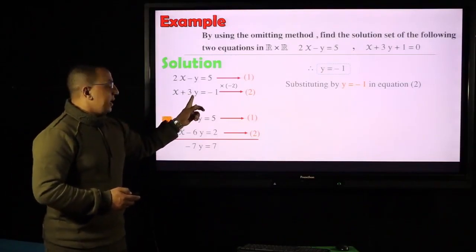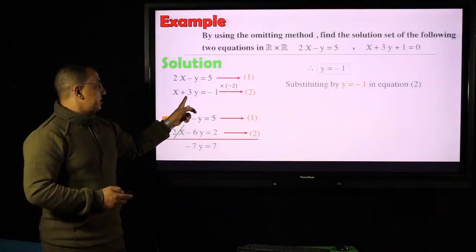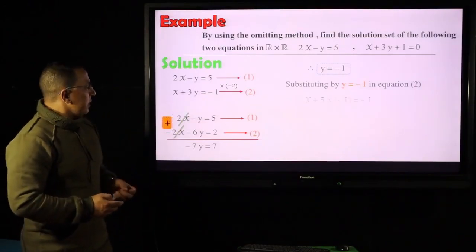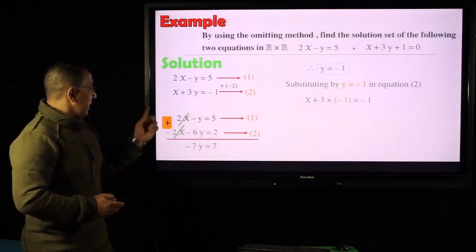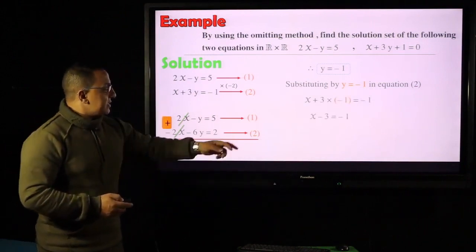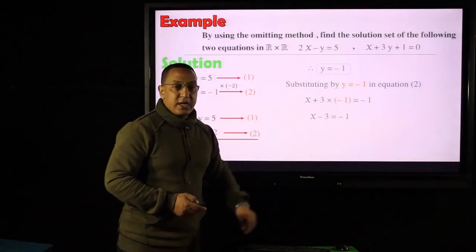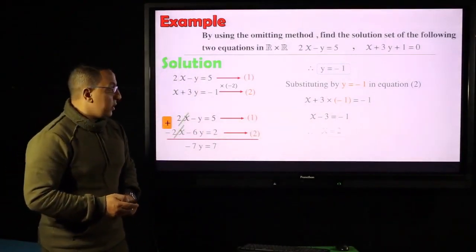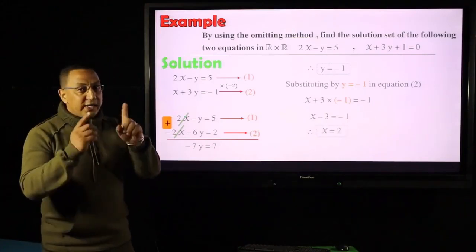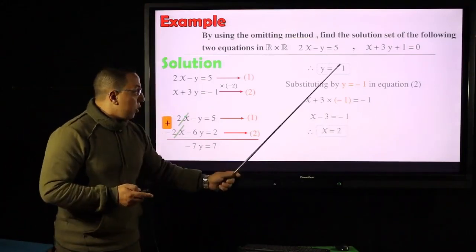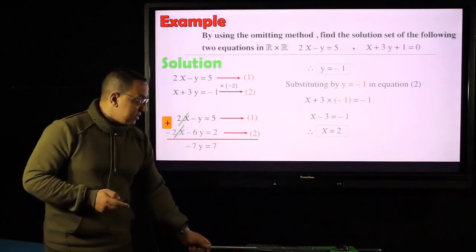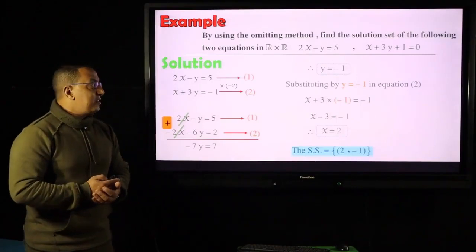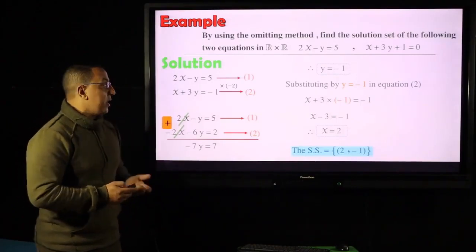So I'm going to write here negative 1, x plus 3 times negative 1 equals negative 3, and then I'm going to send 3 from here to the right side positive, so it will be negative 1 plus 3 equals 2, so x equals 2. Finally, I'm going to write the value of x and the value of y between brackets, like this, to be 2 and negative 1. This is the algebraic solution for these two equations.